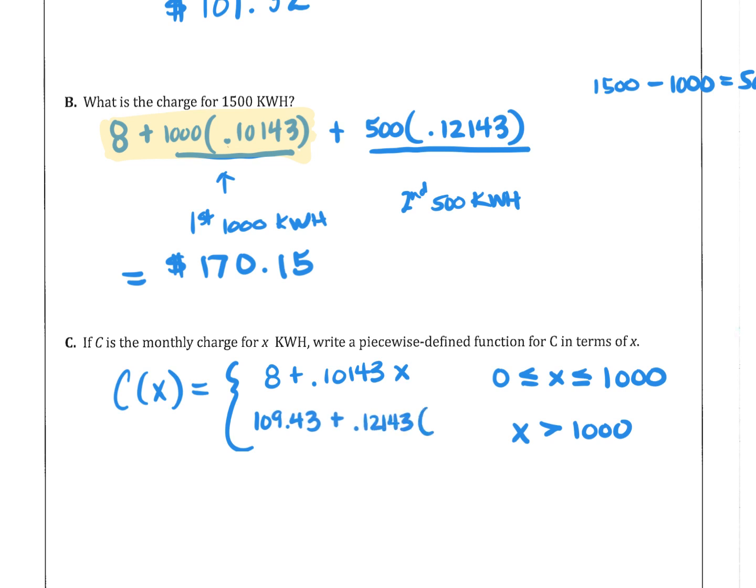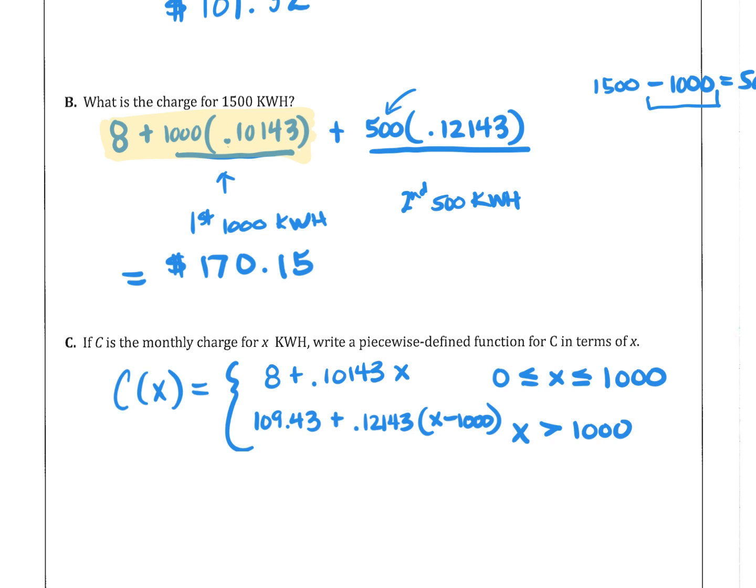But we're not just going to put an X because this doesn't represent X, does it? What did we have to do to get the X there? Guys, to get this number right here, we had to take whatever the value was and subtract what from it? 1,000. So instead of writing just X there, we're going to write in X minus what? So do you see how working through it gives me the formula? And that would be my piecewise equation.